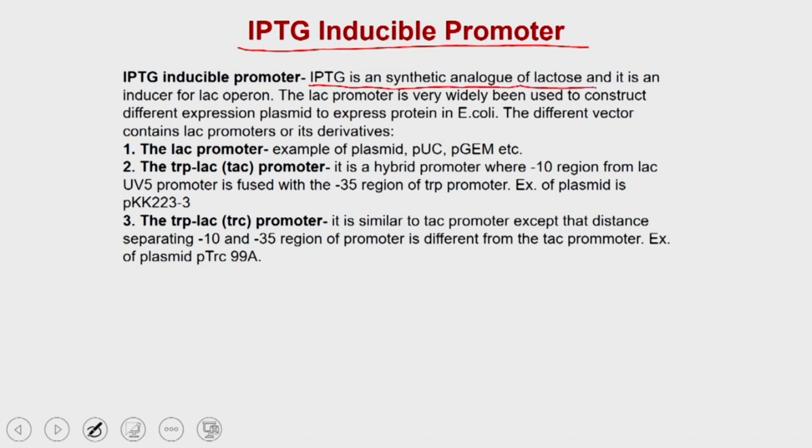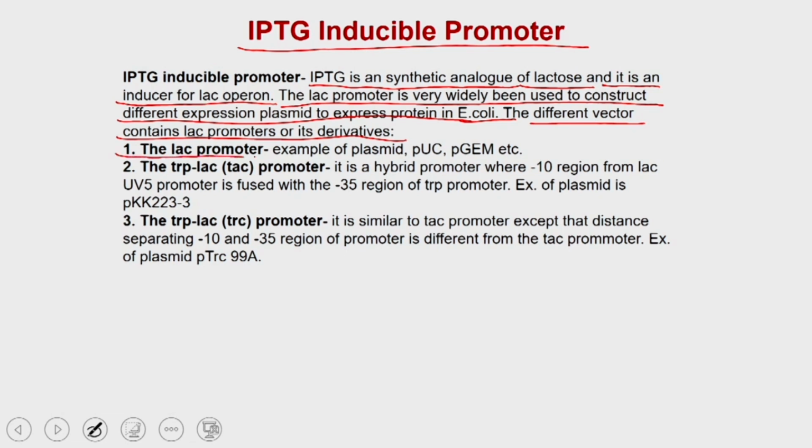Mostly the IPTG inducible promoters are the lactose promoter or lac operon, and they are used to induce the lac operon. The lac operon is very widely used to construct different expression plasmids to express protein in E. coli. The different vectors contain the lac promoter or its derivative.